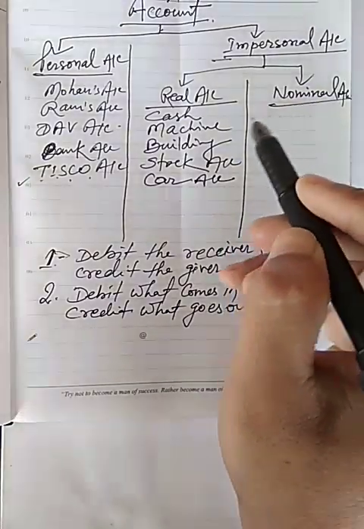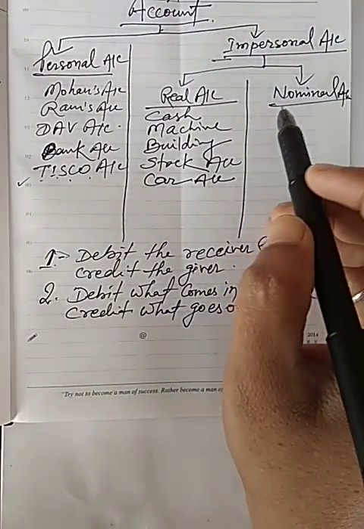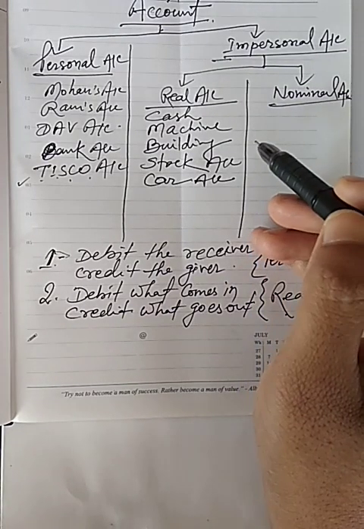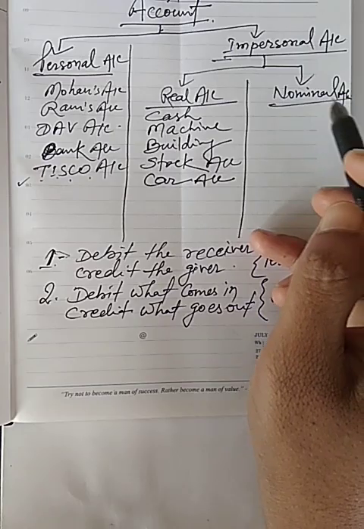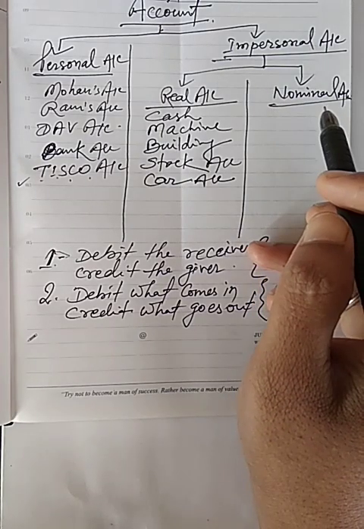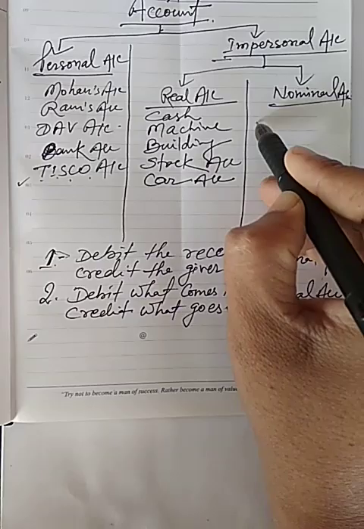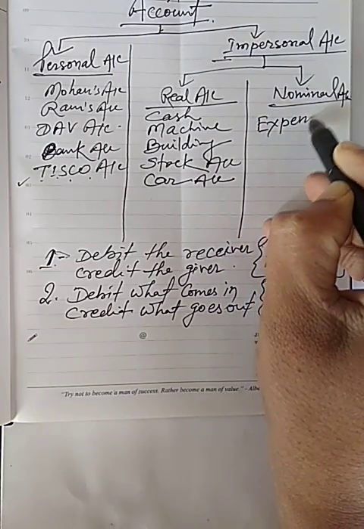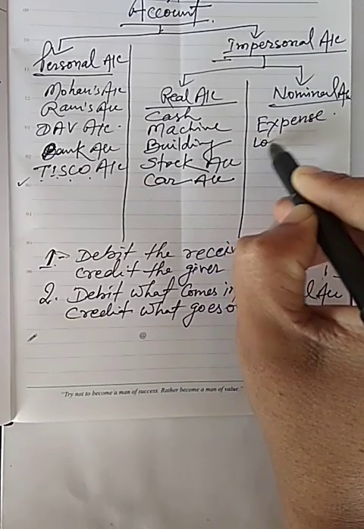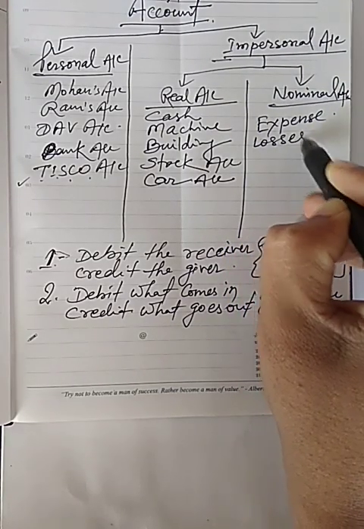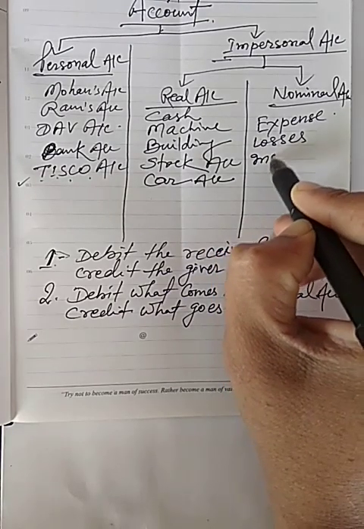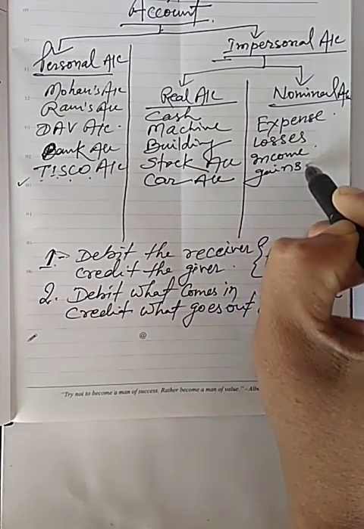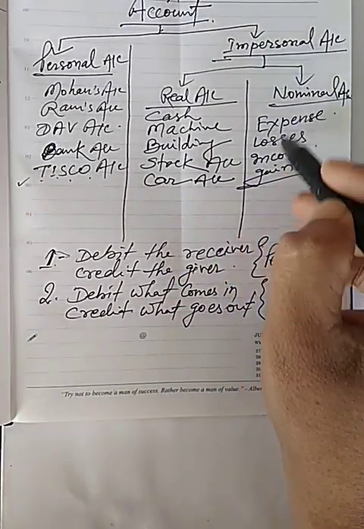Now, nominal account. Nominal accounts are such type of accounts which cannot be seen and touched. They can only be felt. For example, all the expenses and losses, income and gains of business are called nominal accounts.